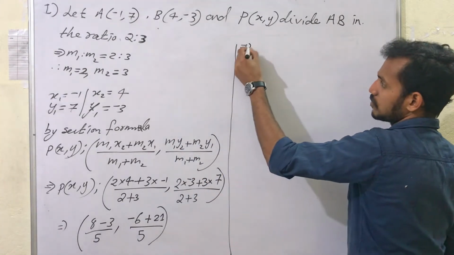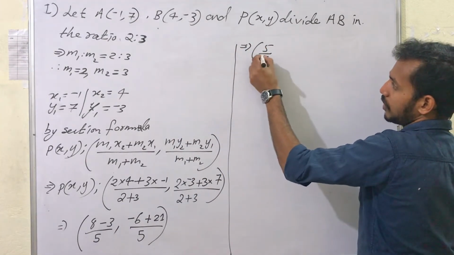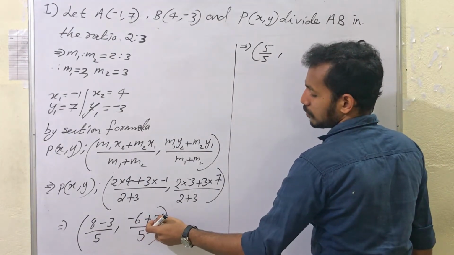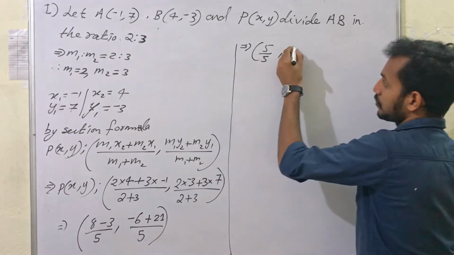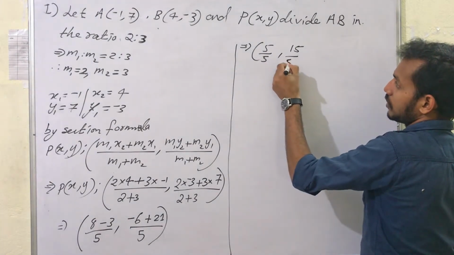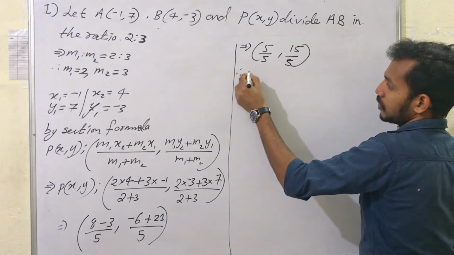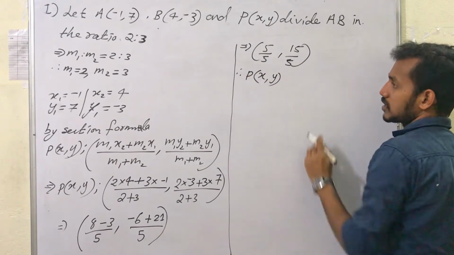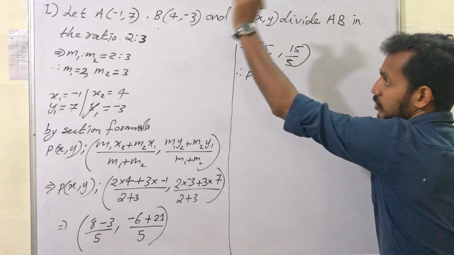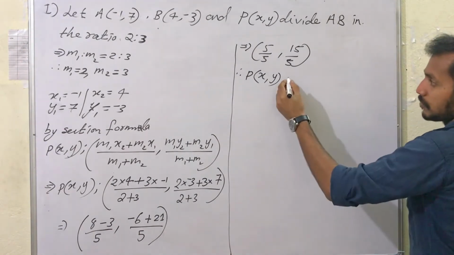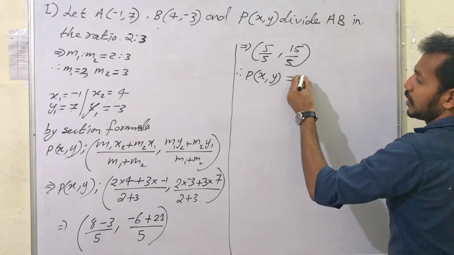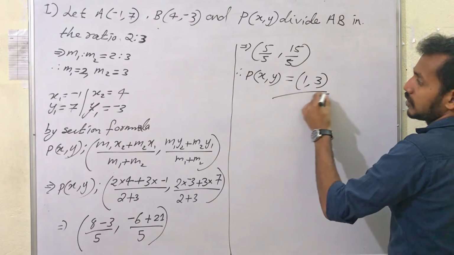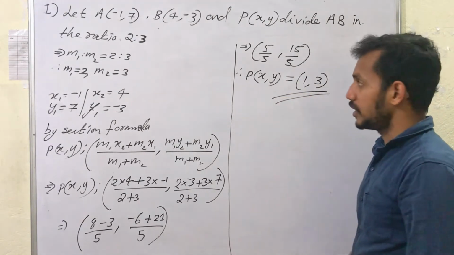Again we can simplify, minus 6 plus 21 is plus 15, and 15 divided by 5 is 3. Therefore, the coordinates of the point P which divides the line segment AB in the ratio 2:3 are (1, 3).